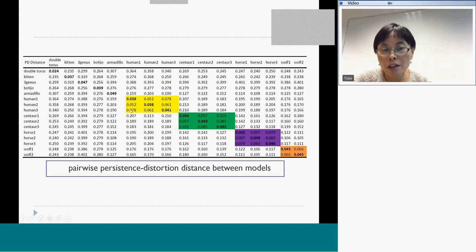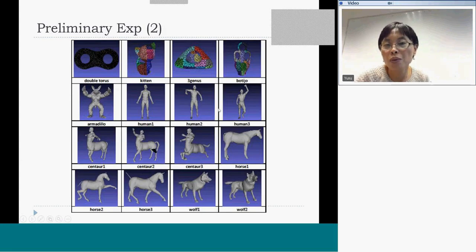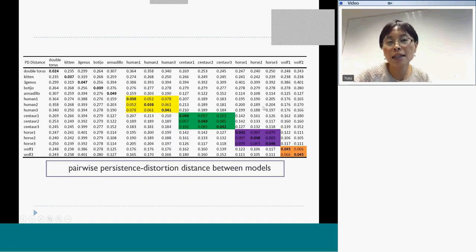The interesting thing is, first note that in this block that I showed here, these are the persistence distortions between similar shapes. So 3 humans, as you can see, we have 3 human models. They are in different poses, but they're roughly isometric, and we see that the persistence-distortion distances between them are all small.